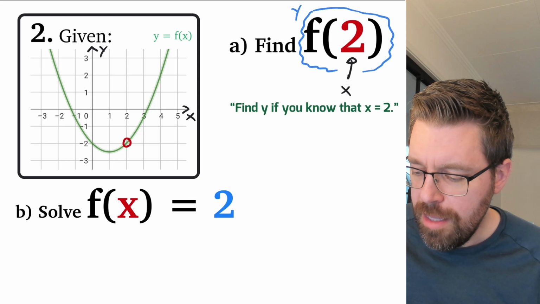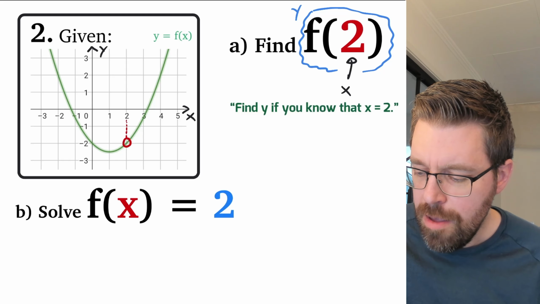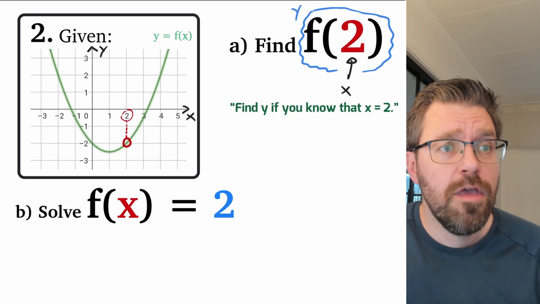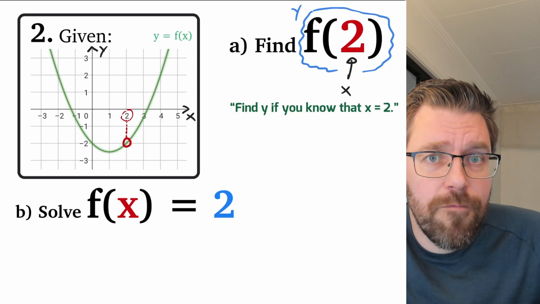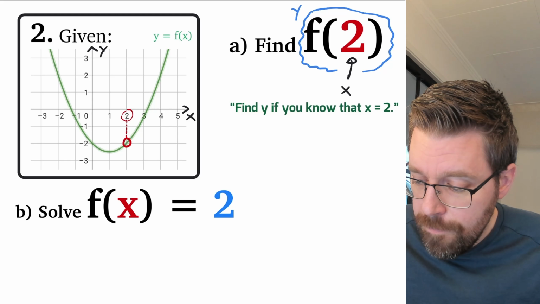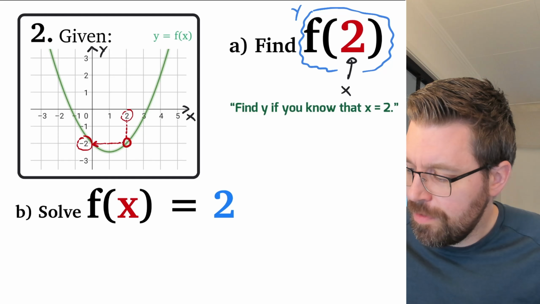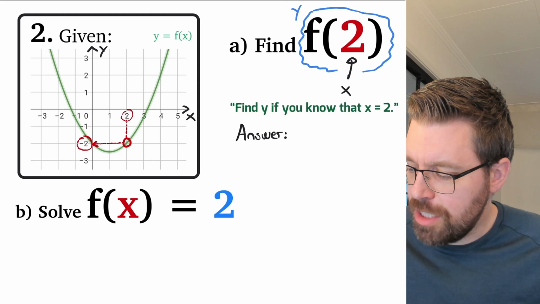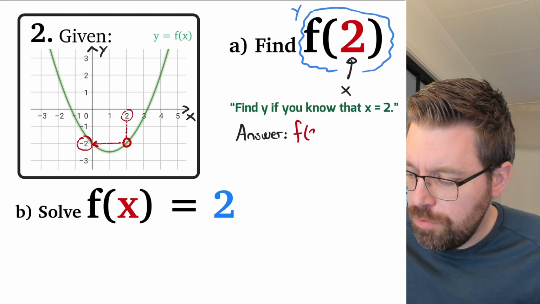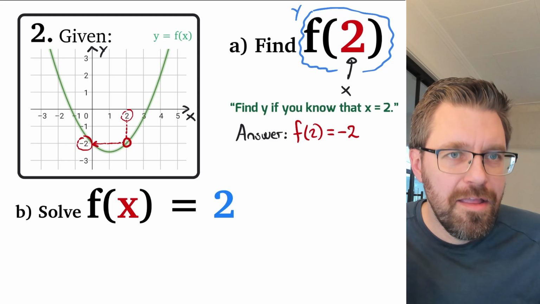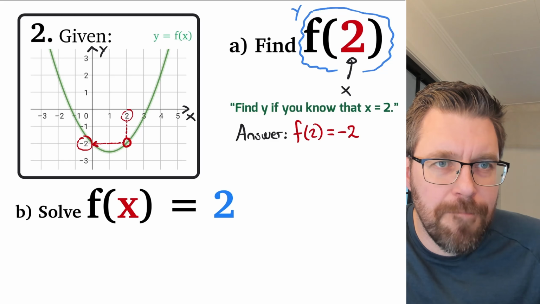Because if we take this point and go to the x-axis, we find the number 2. And in this point, we will know the value of y. So, in this point, we go and see what y equals. And it equals minus 2. So, the answer to the question is that f of 2 equals minus 2. Because the answer is the value of y.